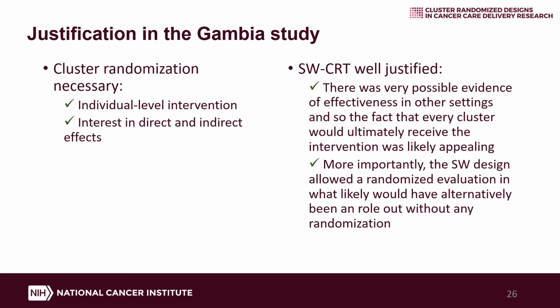There was very possibly evidence of effectiveness in other settings of the HBV vaccine. And so the fact that every cluster would ultimately receive the intervention was likely appealing. So it probably has some sort of social appeal. That's not to say it's a more ethically appropriate design, but a more socially appealing design. But more importantly, the stepped-wedge design probably allowed a randomized evaluation in what otherwise would have been a rollout without any randomization.